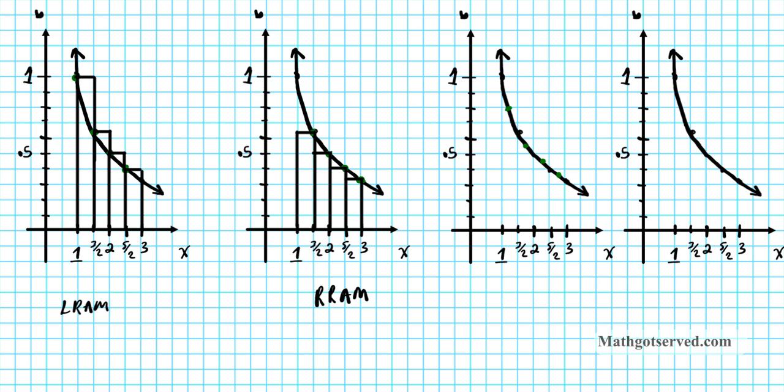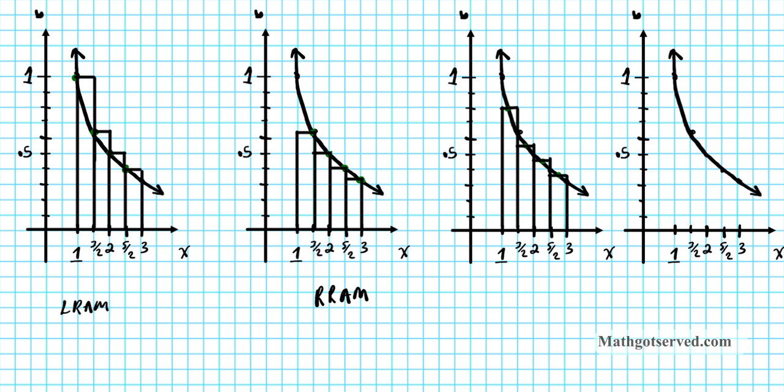All right, so let's draw the top portion of our rectangles. So this is the first rectangle right there. This is the second rectangle, the third rectangle, and the fourth rectangle. Okay, let's draw rectangles illustrating the midpoint rectangular approximation. Like that, like that, and that.